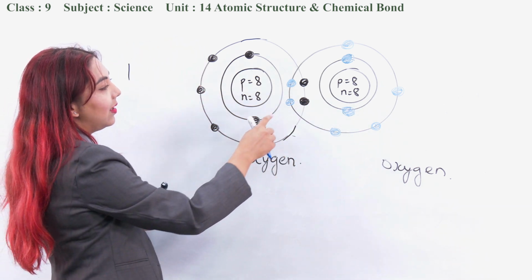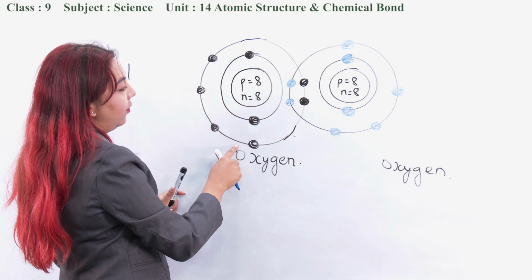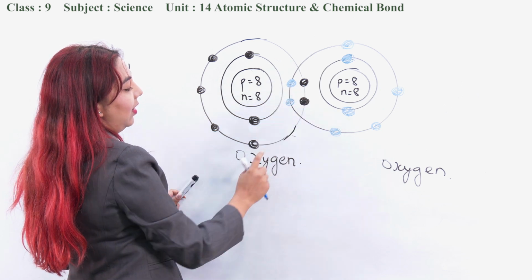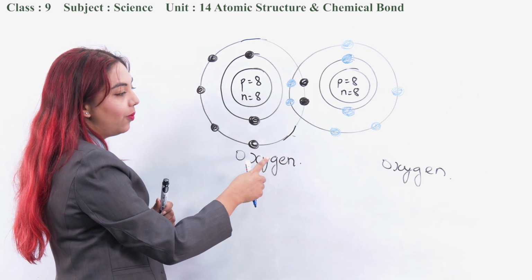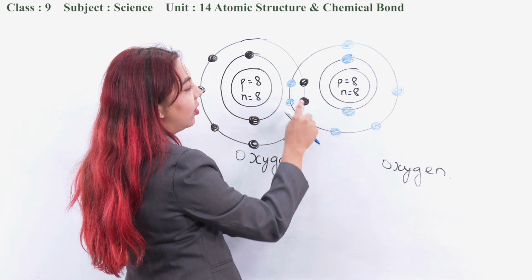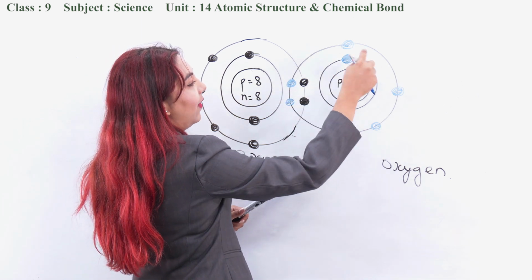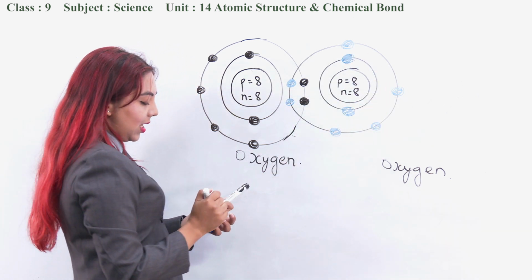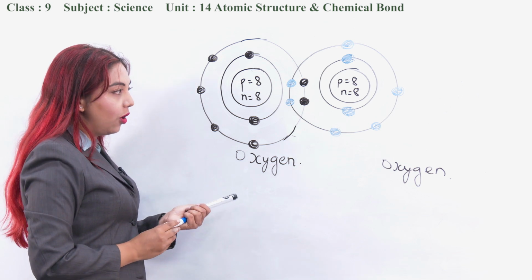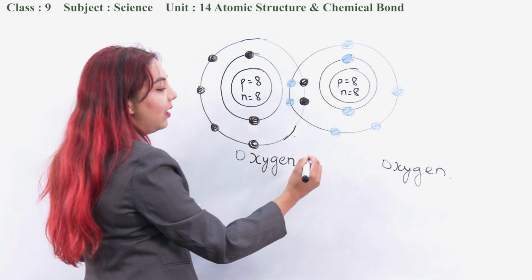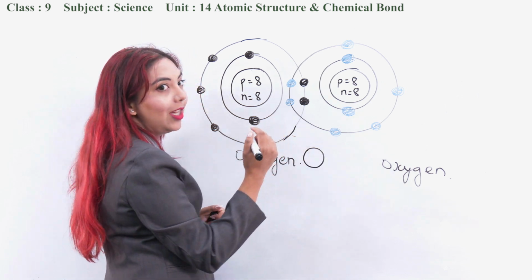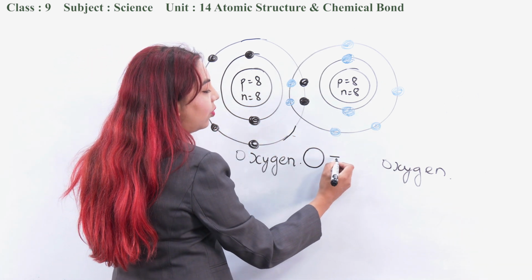Now you can see that 1, 2, 3, 4, 5, 6, 7, 8. This oxygen atom has 8 electrons in its outermost orbit, and this oxygen atom also has 1, 2, 3, 4, 5, 6, 7, 8 electrons in its outermost orbit. So they form an oxygen molecule, and while forming the oxygen molecule, they share 2 pairs of electrons with each other.